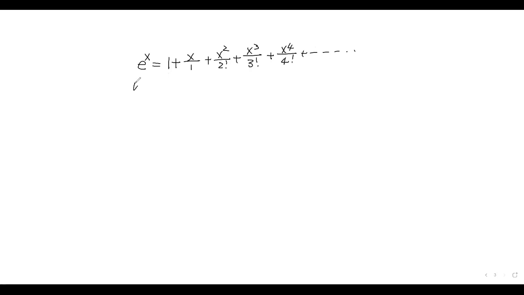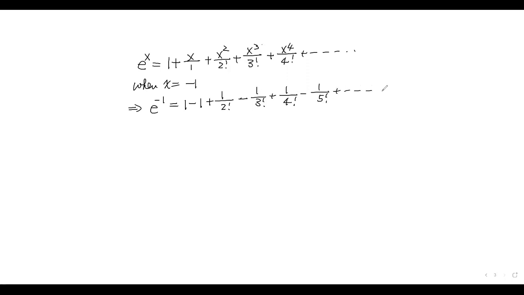And so when x is equal to negative 1, then e to the negative 1 is equal to 1 minus 1 plus 1 over 2 factorial, then negative 1 cubed is minus 1 over 3 factorial, then plus 1 over 4 factorial, and minus 1 over 5 factorial.